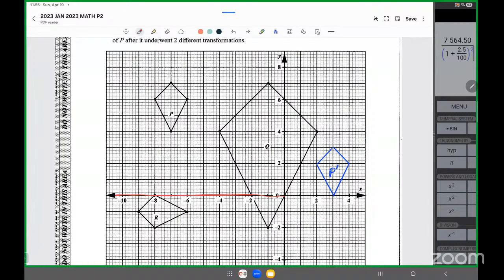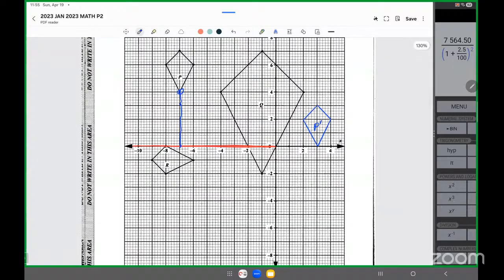And again, when you do reflection, do it 1 point at a time. Image distance equals object distance. So this point, for example, is 1, 2, 3, 4 to the mirror line. It's going to go 4 on the other side. 1, 2, 3, 4. That point is coming here. And this point at the top is going to go 6.